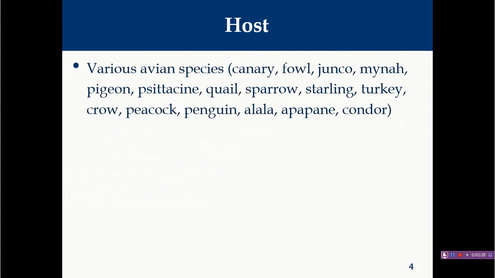Now host. Among almost 9,000 species of birds, 232 species show natural infections of fowl pox virus. So you can imagine how large a number of bird species are susceptible to infection of this particular disease.